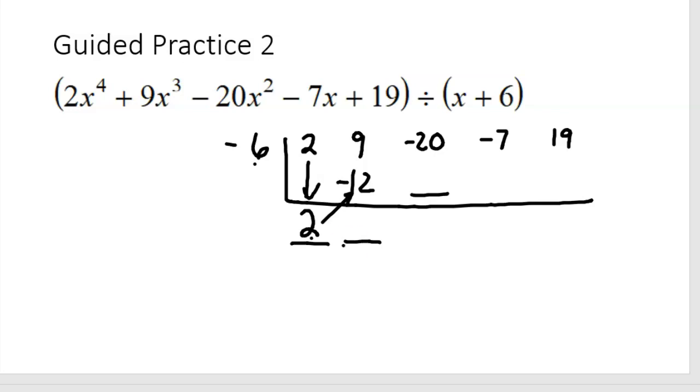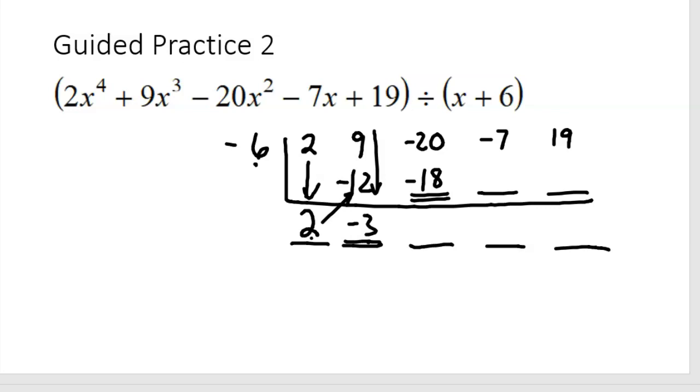All right. So what goes here is 9 and negative 12 put together, which is negative 3. And what goes here is what you get when you do negative 6 times that negative 3, and you get negative 18. Okay? And go ahead and figure out what goes here and here, and then here and here and here. Finish it up and see if you guys can take it home.